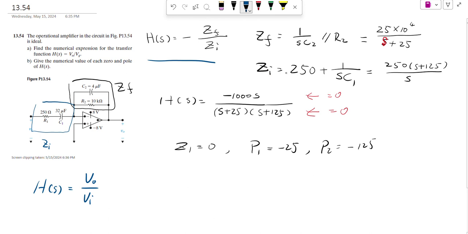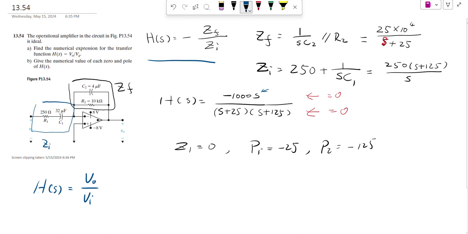ZI, the input impedance, is just these two impedances added together, and you get that one. H(s) is simply negative ZF over ZI, and you get this. Now find the zero and poles. The zero is the root that makes the numerator 0, so the zero is equal to 0.